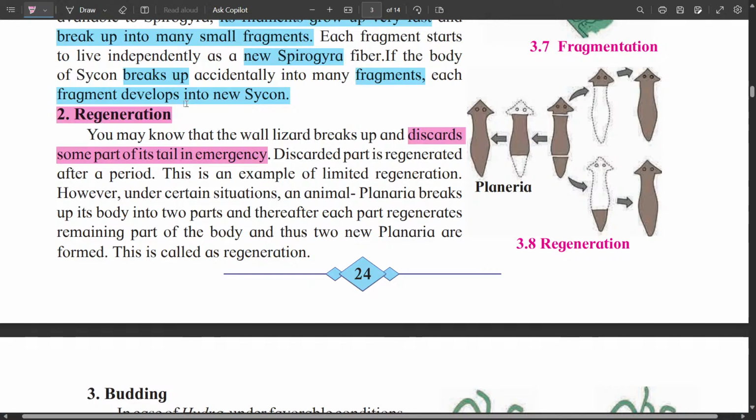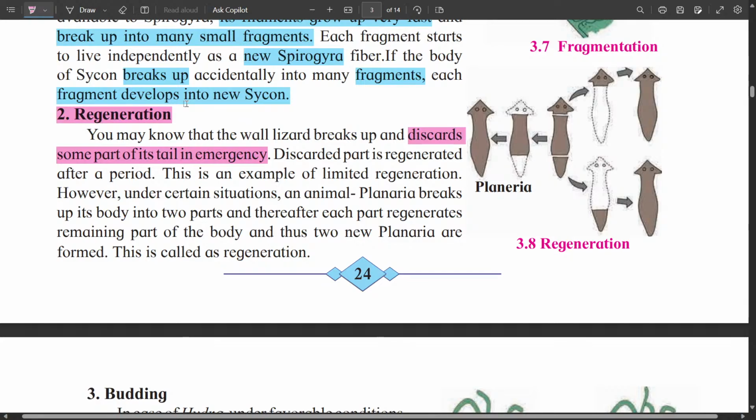The cut tail continues some movement for some time, and hence the predator thinks that it has caught the wall lizard, but the wall lizard runs away. And after some time, the tail of that lizard is regenerated.